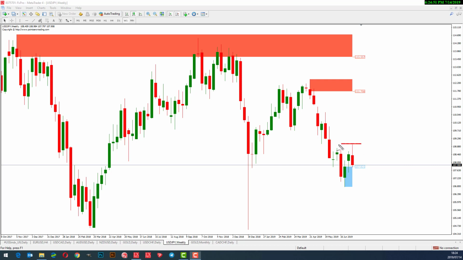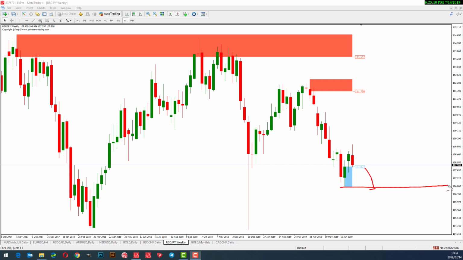Now you can clearly see here, last week we cleared up this high here. Obviously there was liquidity there, and then price shot down, right? So now I'm expecting USDJPY to continue with its downtrend.